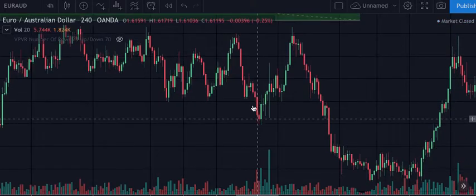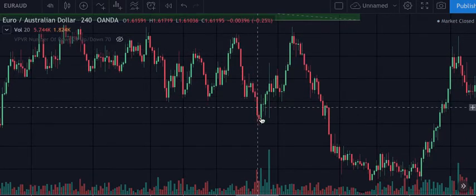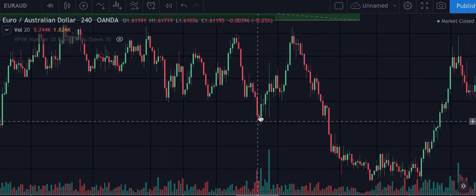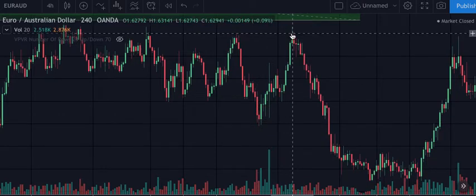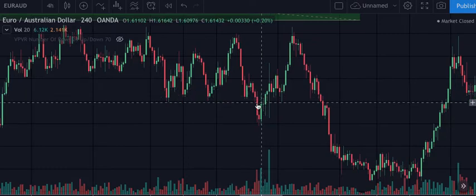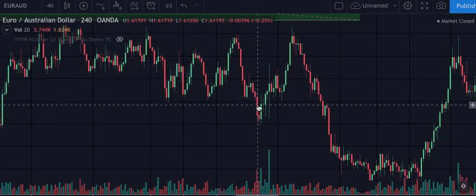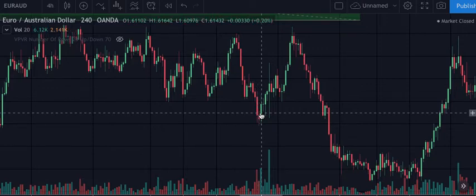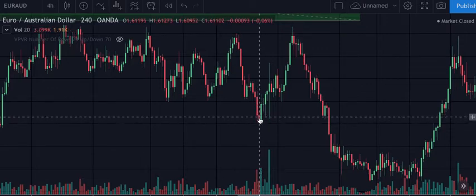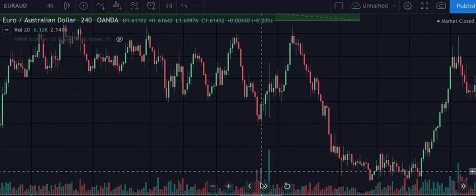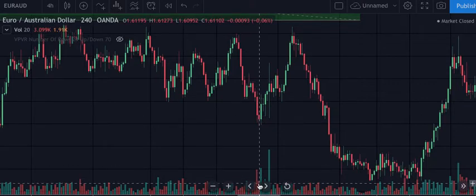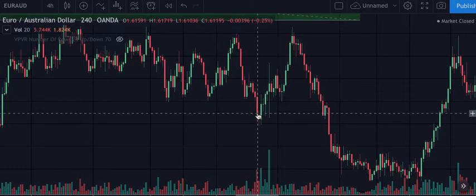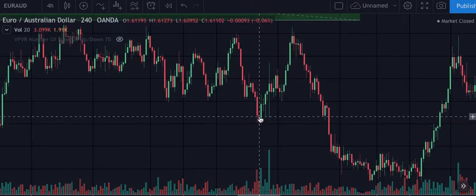All right, now look here. You get this strong impulse down, and then you get an impulse move up. Now, what I want you to pay attention to is right here. You had a lot of selling volume, and then you see this small candle with about, we'll say, 50% of the volume of this candle, but this body is probably only about 20% of this candle here.